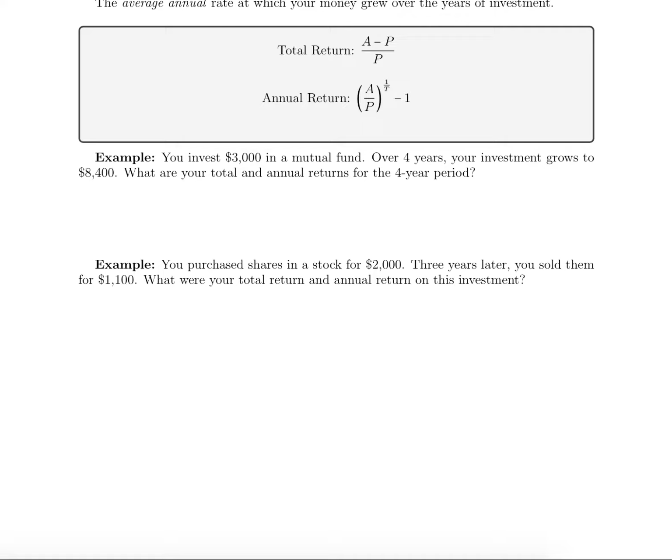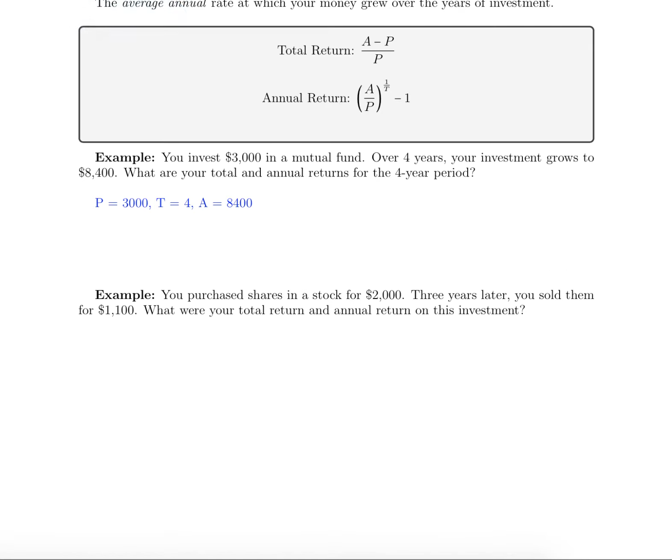What are your total and annual returns on the 4-year period? So first we establish what the letters mean. Our principal investment is $3,000. We get that from here, our investment. Time is 4 years, because it's given here in the problem. And then our investment grows to $8,400, so our accumulated is $8,400.